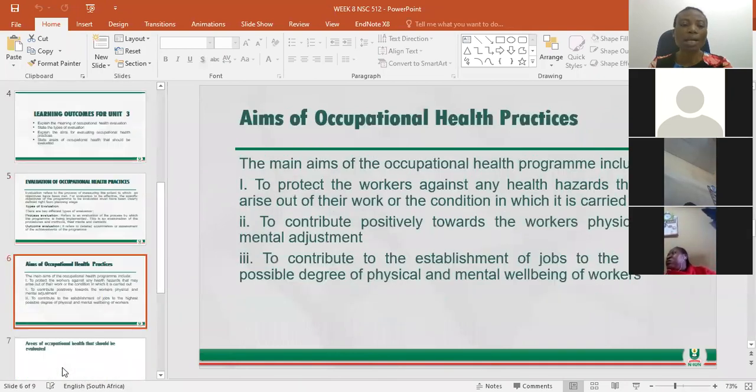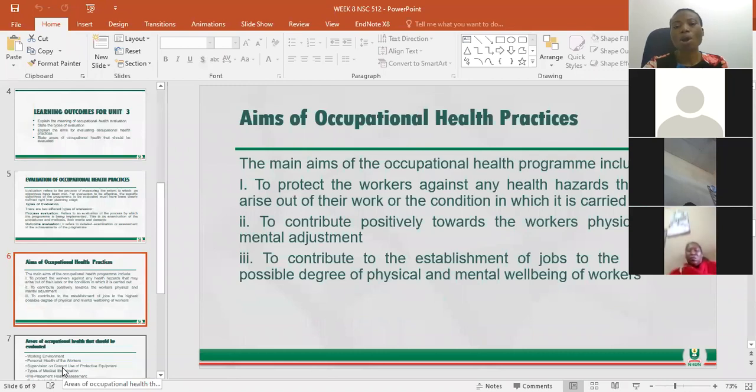So we looked at aims of occupational health practices. When we say aim, what are the main aims of occupational health programs? We have three main aims of occupational health practices.